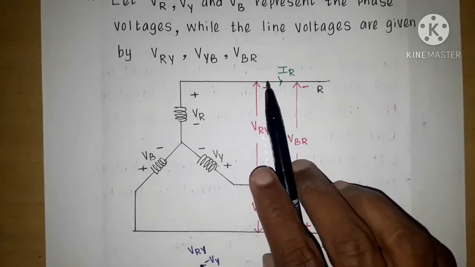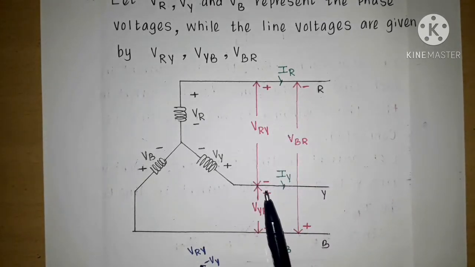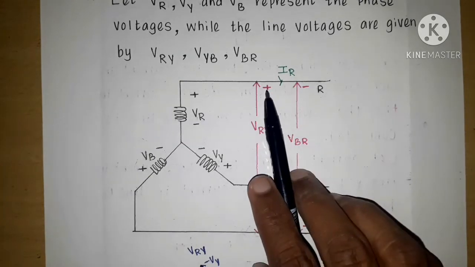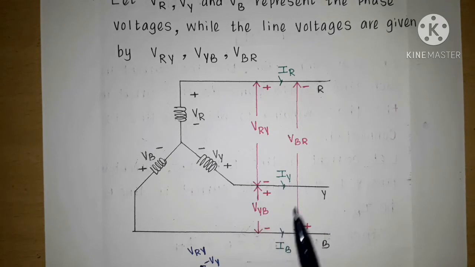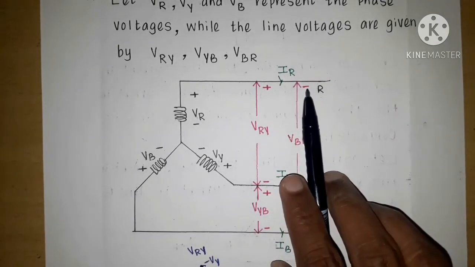VRY is the line voltage between R and Y, with positive and negative polarity. VYB is the line voltage, with positive and negative polarity. VBR is the line voltage between B and R lines, with positive and negative polarity.